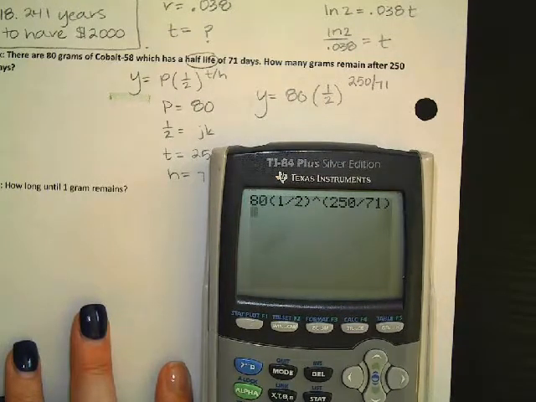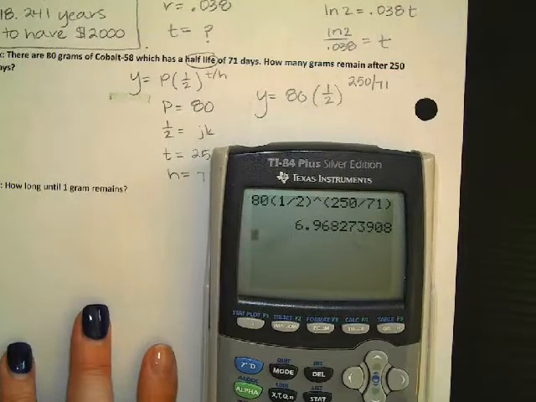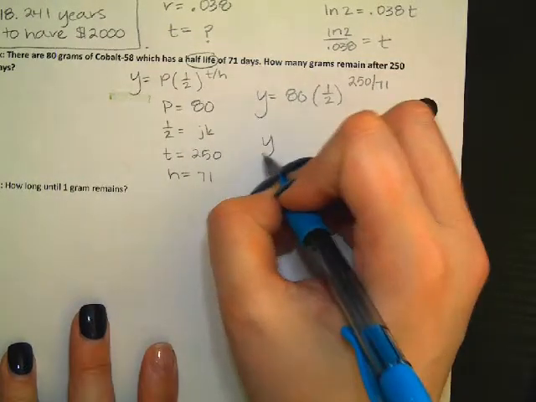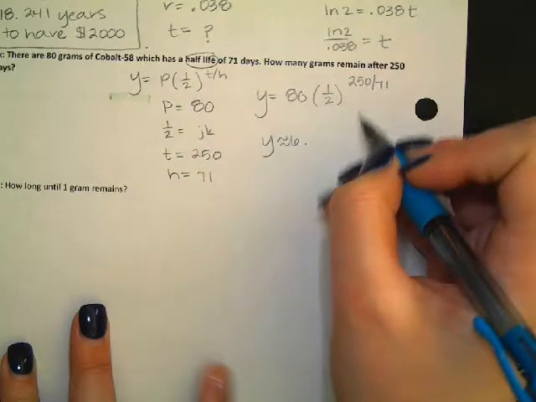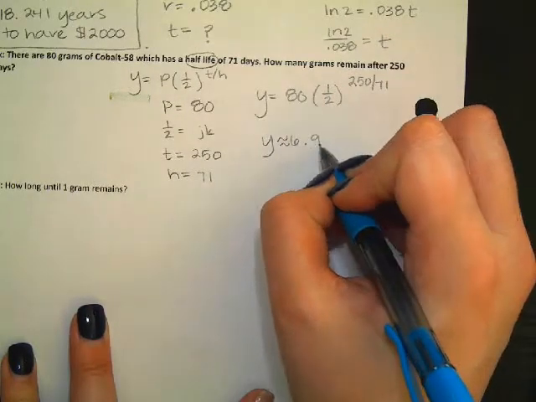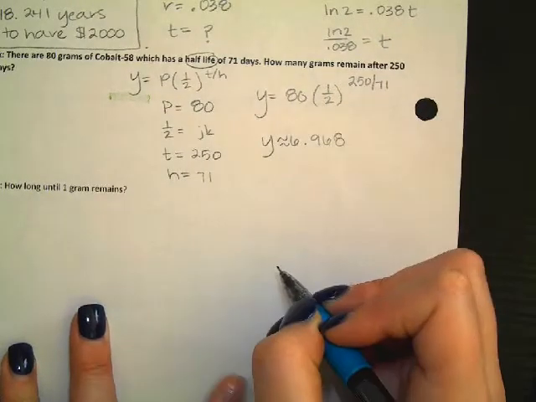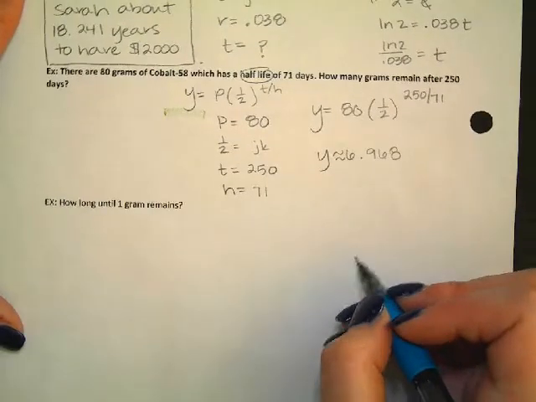And we have 6 point, so y kind of equals that. All right, so what will we write?